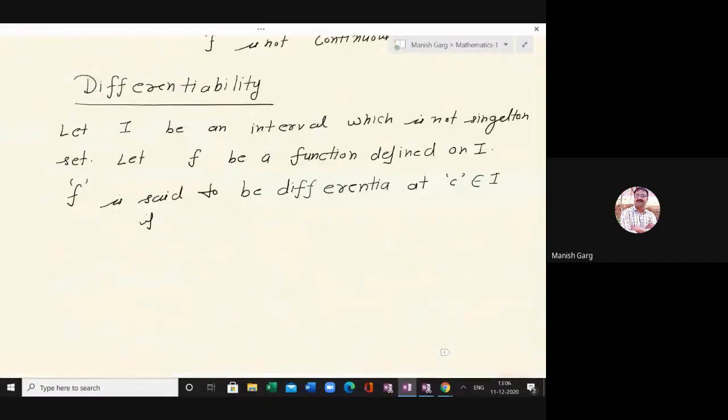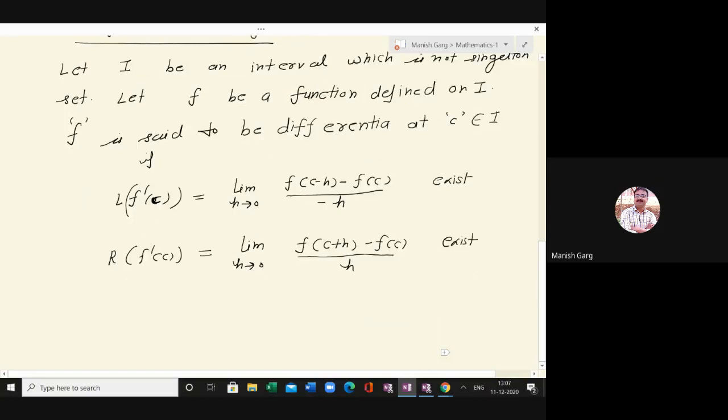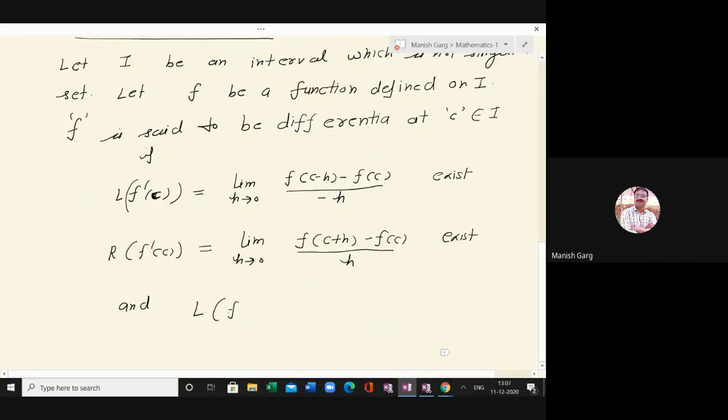if you know two things. If the left hand derivative, which you can write at c as the limit h tends to 0 of f(c minus h) minus f(c) over minus h, denoted by f'-(c), and the right hand derivative, denoted by the limit h tends to 0 of f(c plus h) minus f(c) over h, exist, and if they are equal, this is denoted by f dash c.